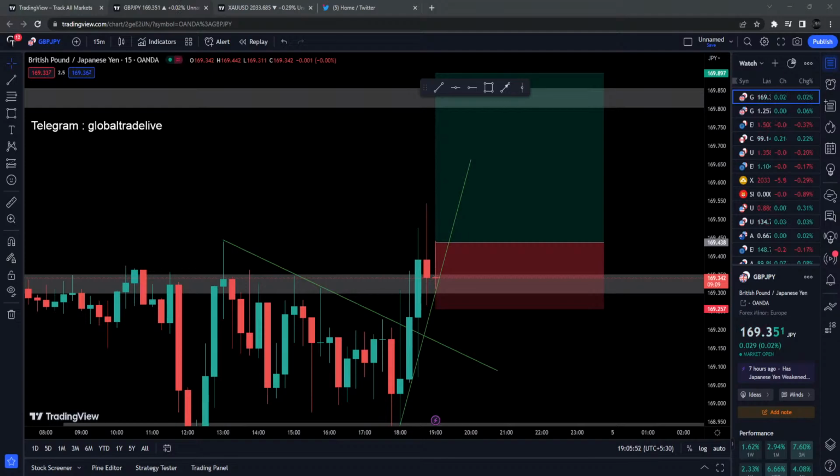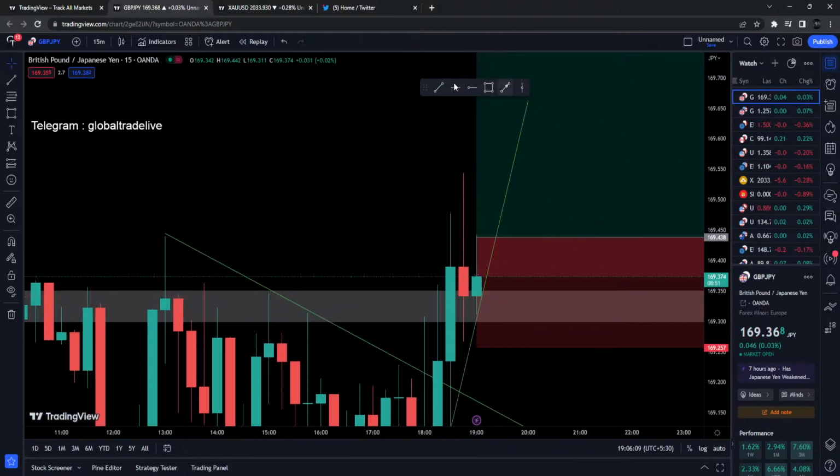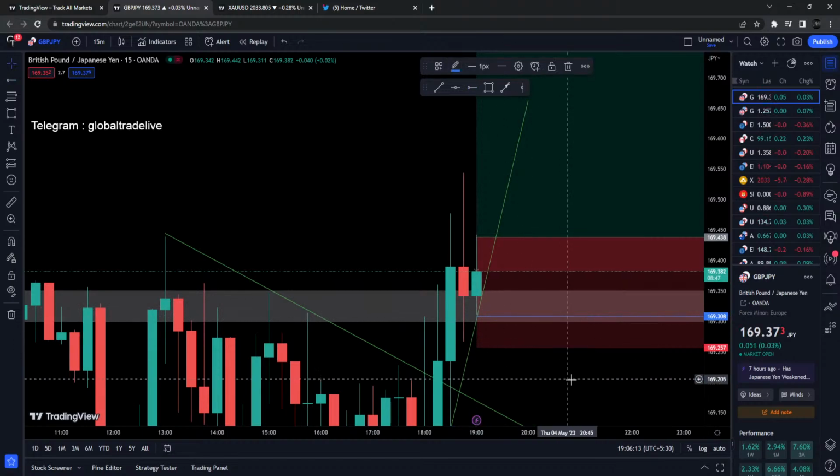Closed 50% over here. I'm ready again to close another 50%. Once this candle breaks its own low, that will be the point we'll be closing another 50% over here.